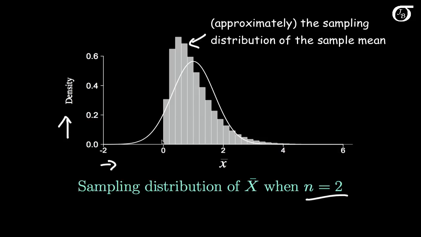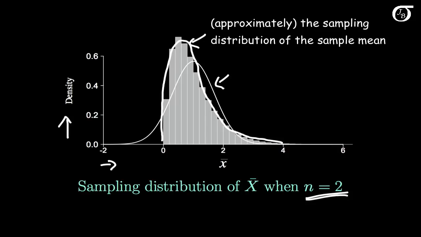We can see that this distribution retains some of the original distribution. We've got some right skewness. It's most definitely not normal. Here, with this white line, I've superimposed a normal curve with the appropriate mean and variance. And we can see here that when n is 2, the sampling distribution of the sample mean is not normal.